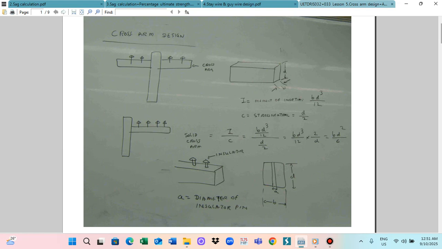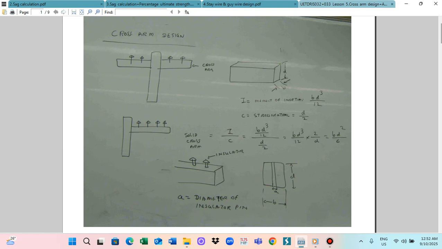This is D and this is B. So this insulator pin diameter, let us say this is A. A is the diameter of the insulator pin.